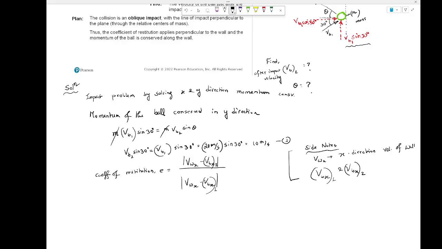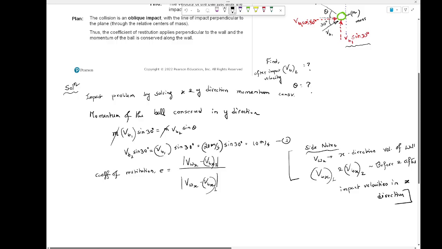I'm writing the x components of the before and after velocities for the ball, before and after the impact. Velocities in the x direction. If you have trouble understanding the equation for the coefficient of restitution that I wrote, you should write the side note. And obviously this would be 0, and we know this value as 0.75.